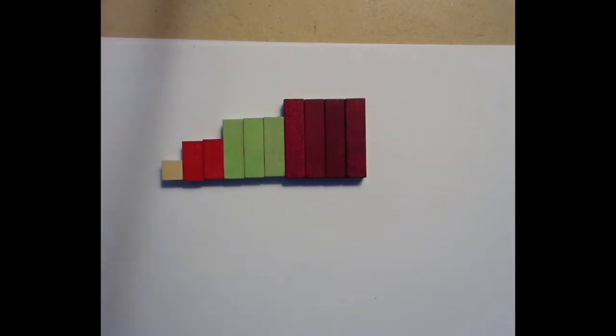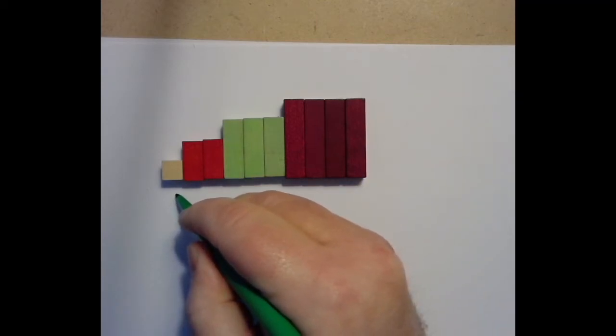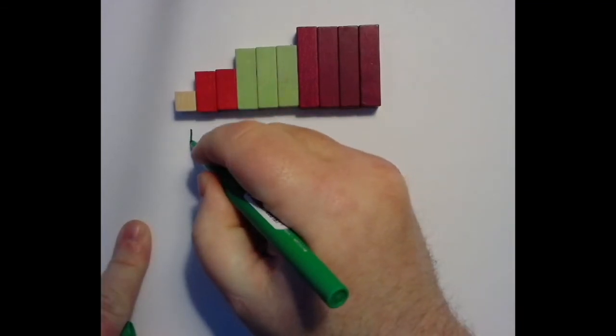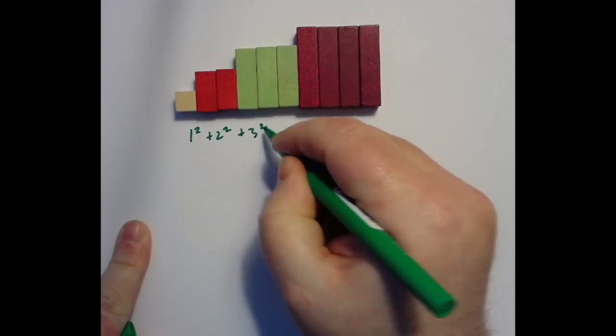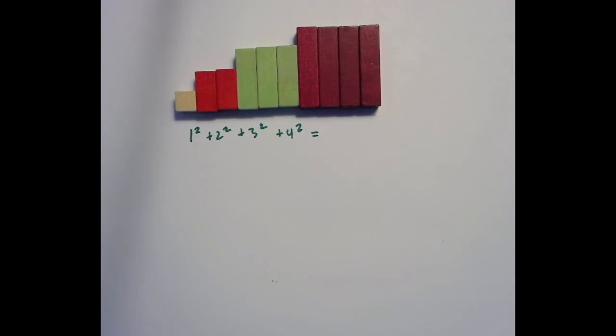Well, what I'm going to do is look at this. So what I have right now, let's move this up a little higher, right underneath it. You can see I have 1 squared plus 2 squared plus 3 squared plus 4 squared, like that. And what I'm going to add to it is this.